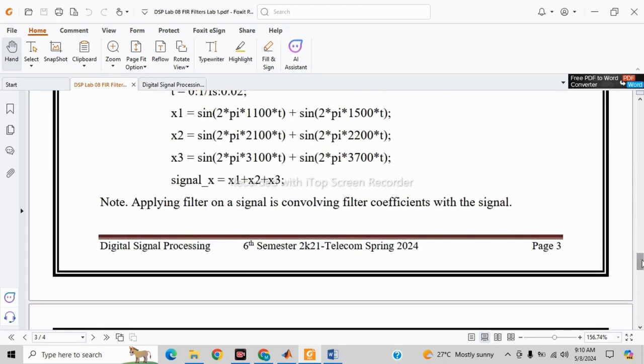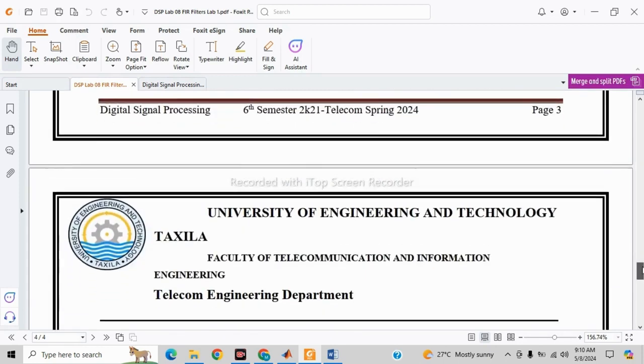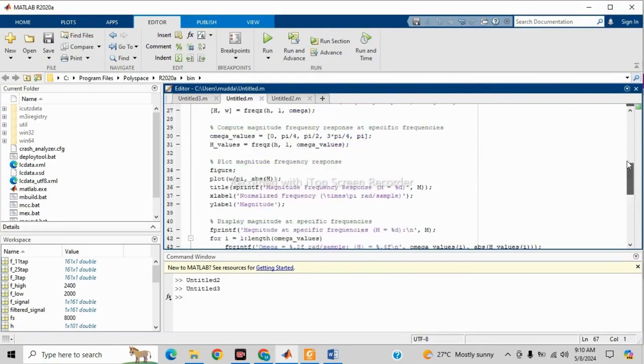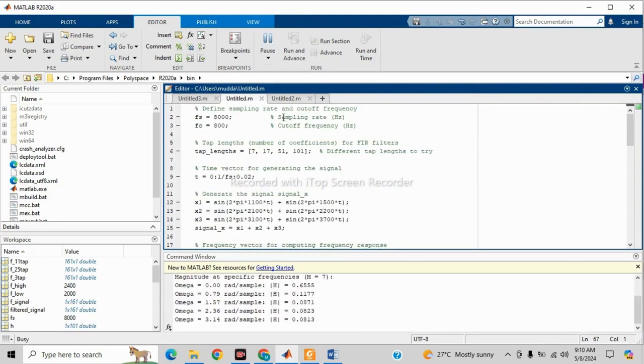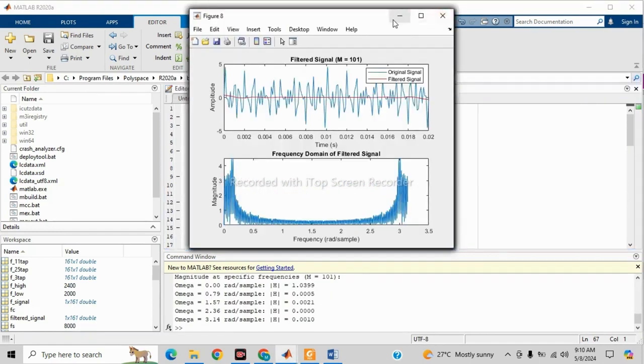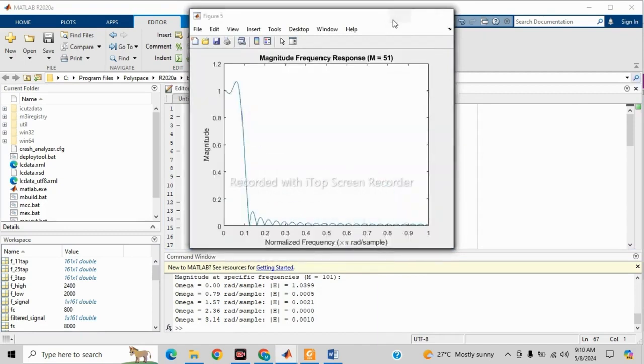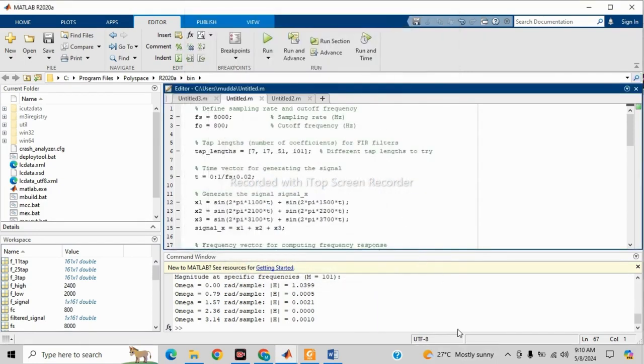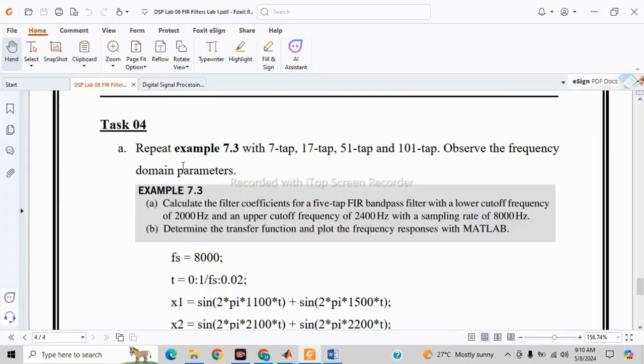Note, applying filters on a signal is convolving the filter coefficients with the signal. So here is the MATLAB code for this task, and the output of this task is this.